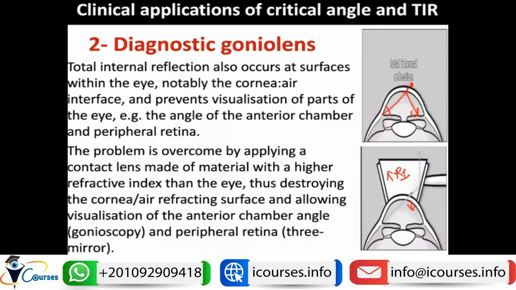This will lead to refraction of these light rays, and then they undergo reflection from a mirror here. This mirror is for examination of the angle, or there are other mirrors for examination of the retina. Then from this mirror, light will be reflected to the examiner's eye. So this is another example of total internal reflection.